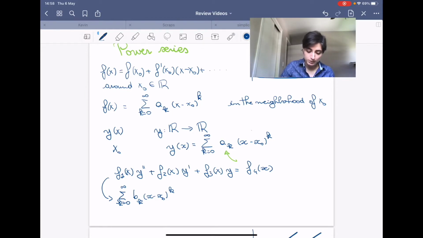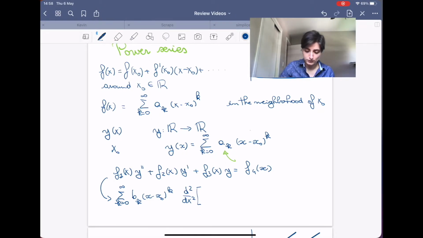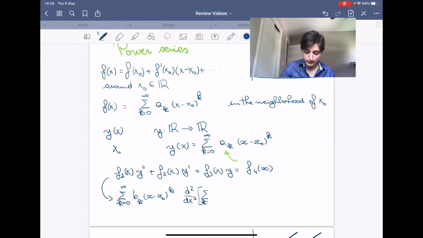So at the moment I'm just going to write it as the second derivative with respect to x of the power series of y, the sum for k equal to 0 to infinity of a_k (x minus x0) to the power k. And then for every single one of the other terms, we also want to write it in the same format. So we'll have a similar term for f2 of x, a similar term for y prime, and so forth.